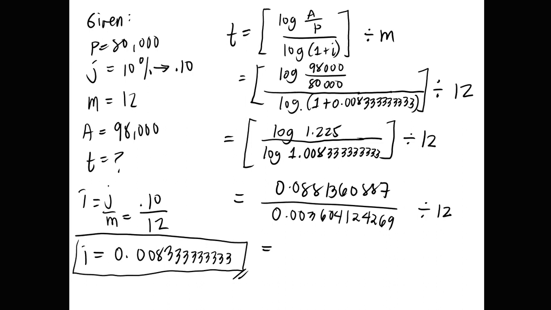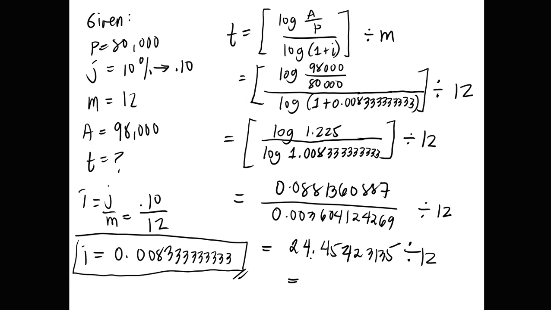So, answer will be 24.45423135. Okay? And then after that, divide nyo po yung sagot na yan sa 12, which is the final step. And then round off your final answer into 2 decimal places.